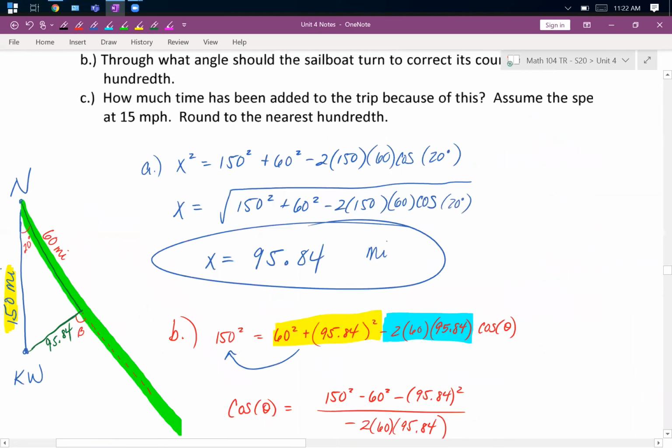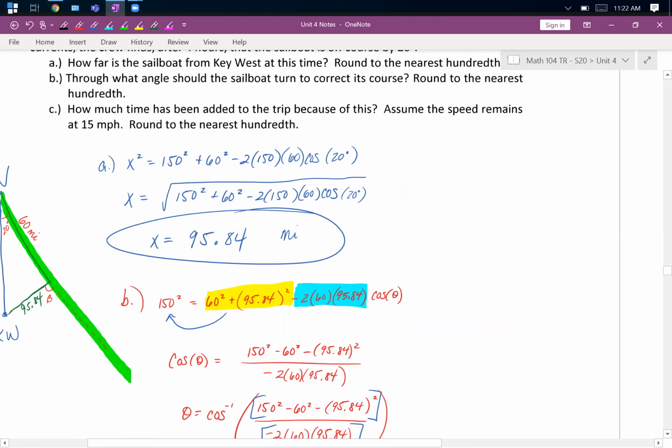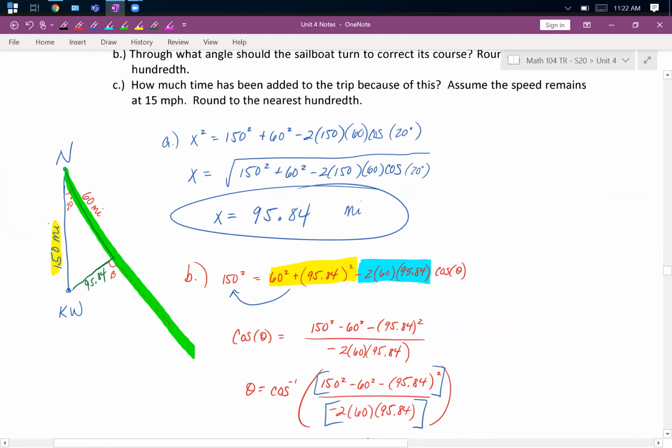The last thing it wants us to know is how much time has been added to the trip because of being blown off course. We want to assume that the speed remains at 15 miles per hour. So how would we figure out how much more time has been added to the trip?